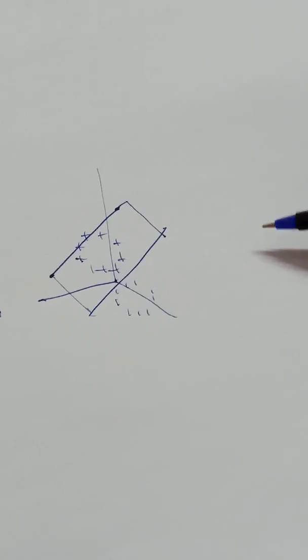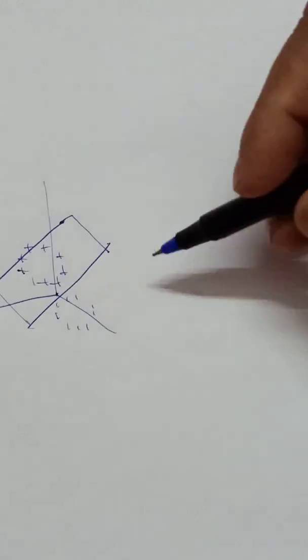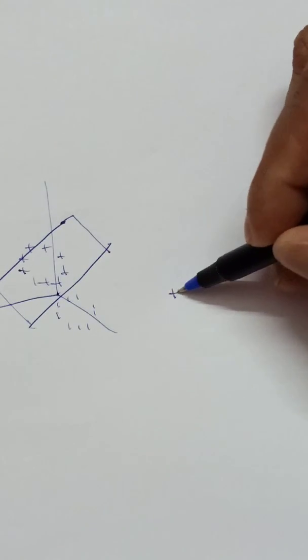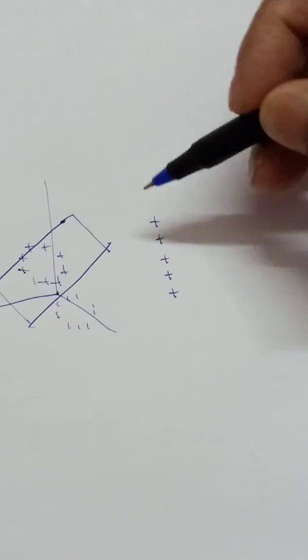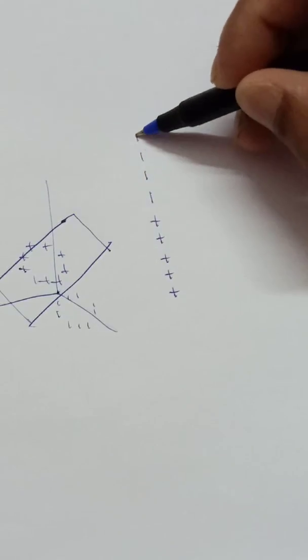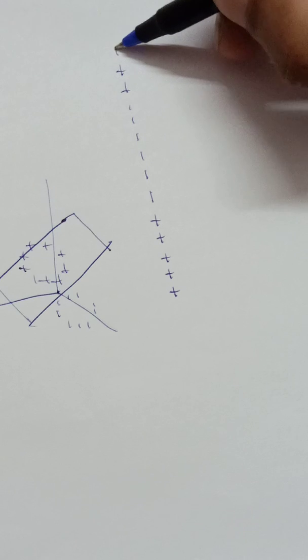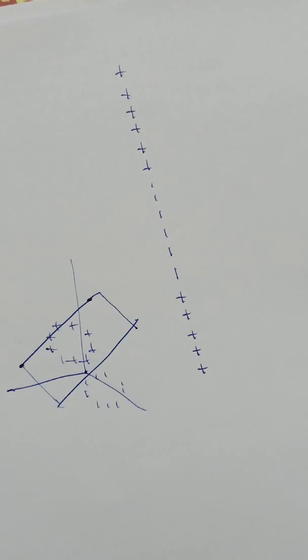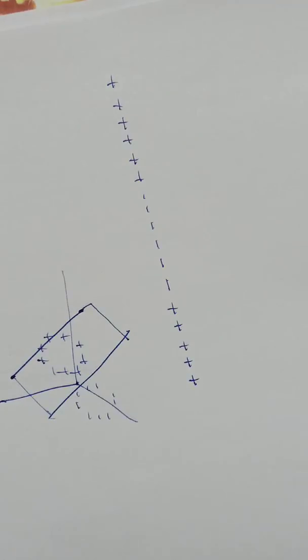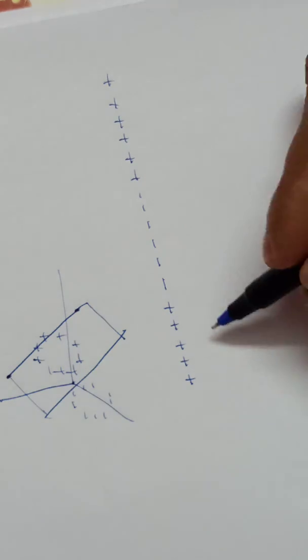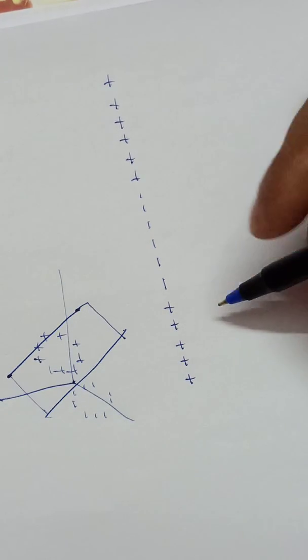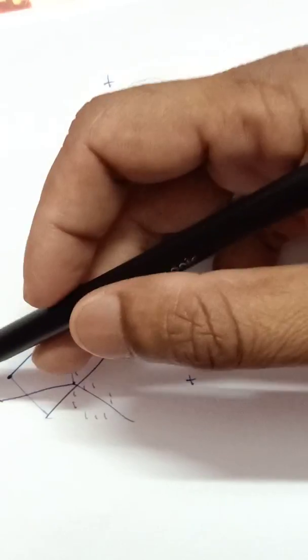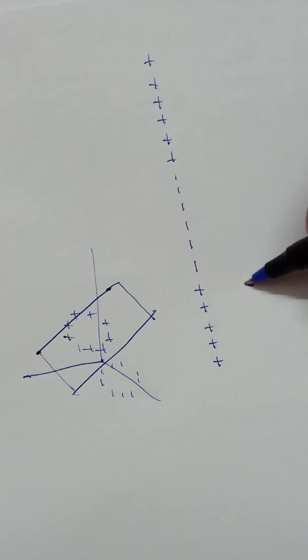Similarly, say we have some records like this: some plus records, some minus values, and again some positive records. How to apply SVM here? Again the problem. There we can do a trick. Suppose these values are x. We convert by applying a kernel, let x square.